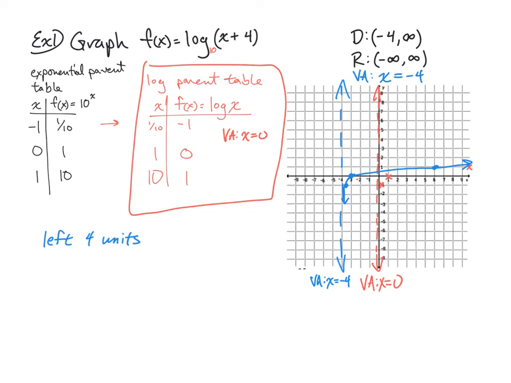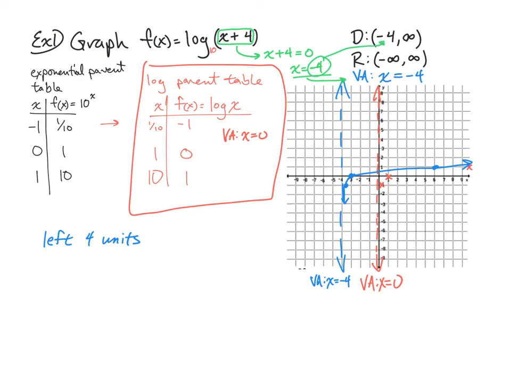You'll notice that whatever is inside with x here, the argument, if you set that equal to 0 and solve for x, you get exactly the vertical asymptote. You know the number that will be in the domain.